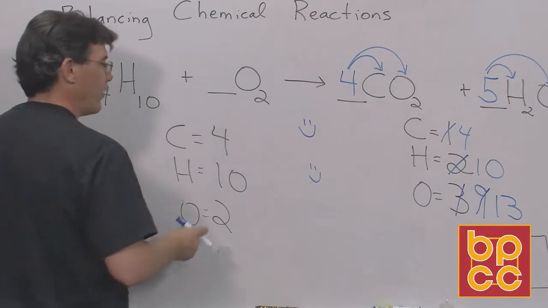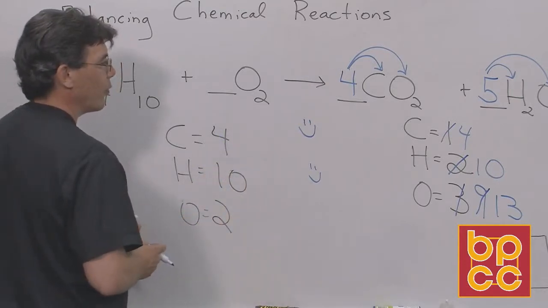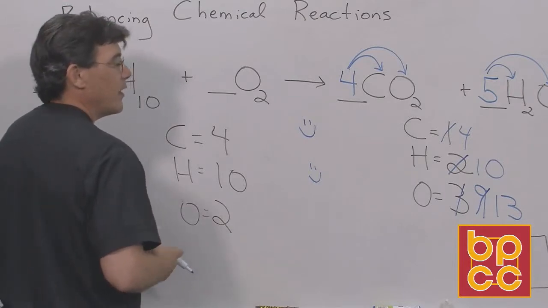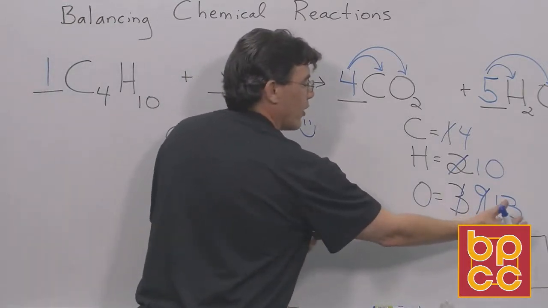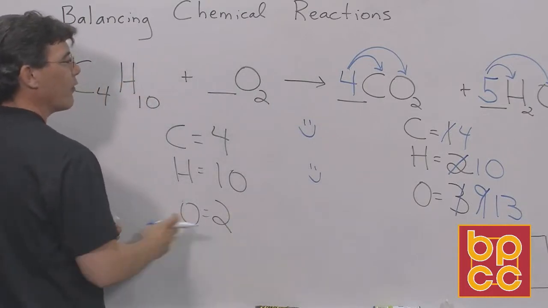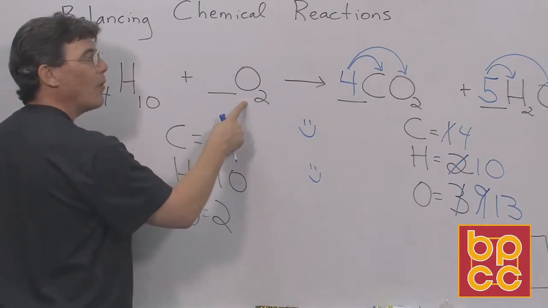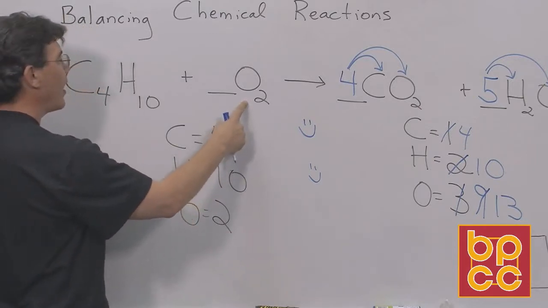So we've got 2 elements balanced, carbon and hydrogen, and now we have the oxygen left to work with. Here's the good news. The oxygens over here, there's a lot of them, 13, and only 2 on this side. So it looks like the work we want to do is over here on the reactant side. And that's good because here's oxygen sitting all by its lonesome, not combined with any other element.